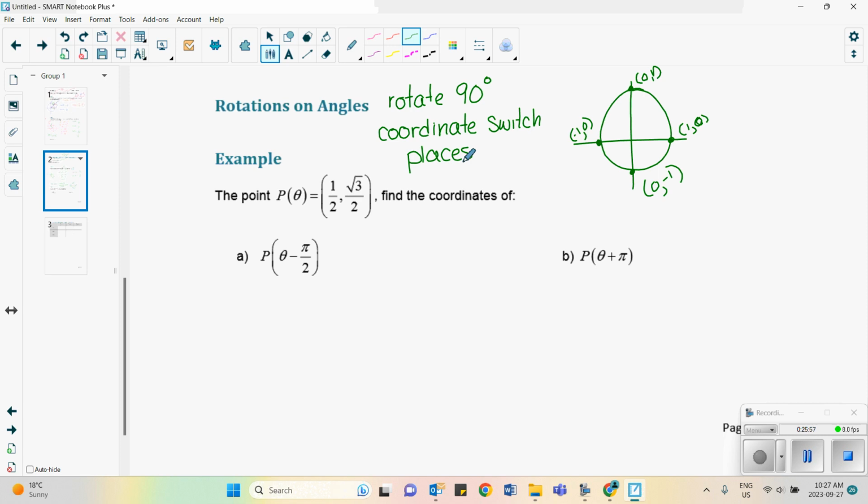So we know that this is (1, 0). This is pi over 4. What are the coordinates of pi over 4? Root 2 over 2 and root 2 over 2.